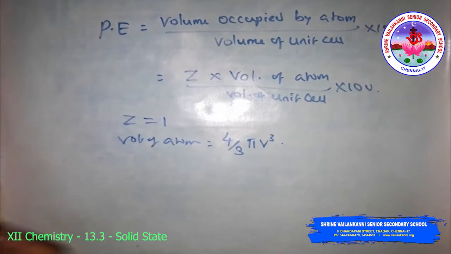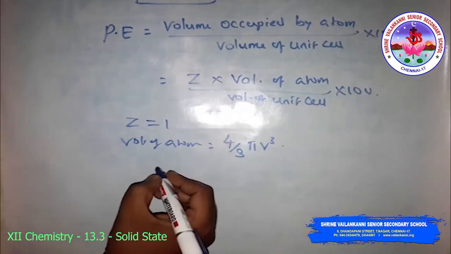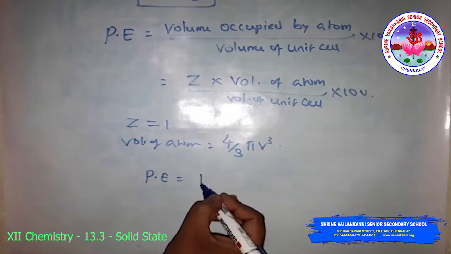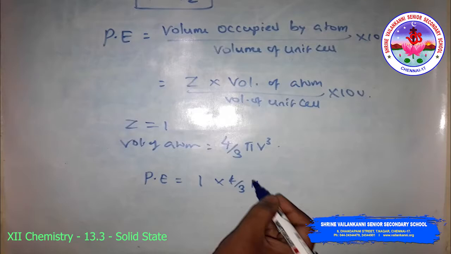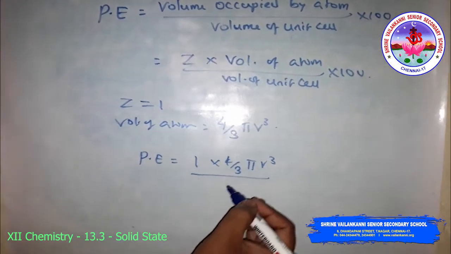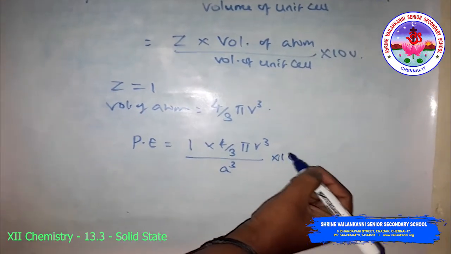Now we can calculate the packing efficiency with the help of this. So packing efficiency is equal to what? Z is equal to 1. Volume of atom is 4 by 3 pi r cube. Volume of unit cell is A cube, and into 100.